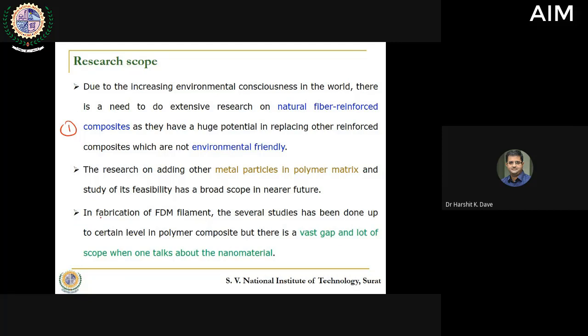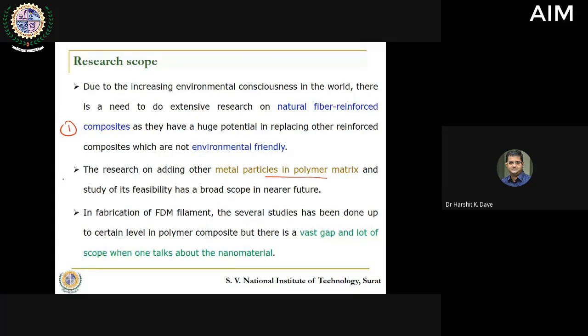Still, there is a good scope to work on metal based polymer matrix, and there is no wide scale study being carried out. So its feasibility and its possibility to increase various other properties other than only the strength can be a good scope of research.